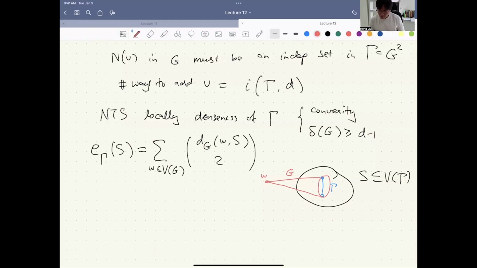If this is the neighborhood of W in S, in fact, you don't just get this single edge, you get a clique here. Every vertex here is of distance 2 in G through the vertex W. So you have the clique, which is this, choose 2 number of edges here.